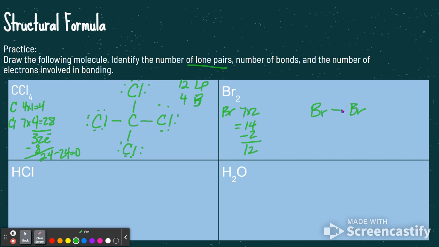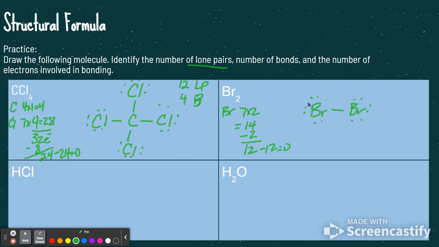Well, each bromine still needs its lone pairs. So 2, 4, 6, 8, 10, 12. And that took care of the rest. All right, and hopefully you're starting to notice a pattern. You notice that all of our halogens end up getting 6 electrons around them.